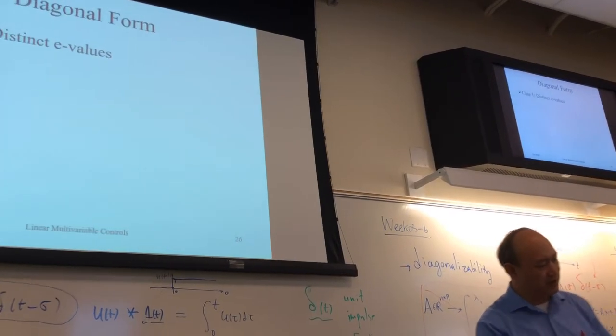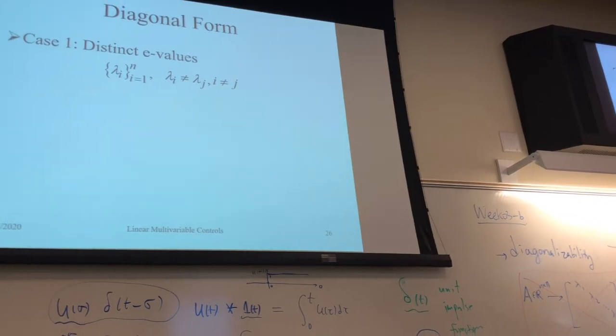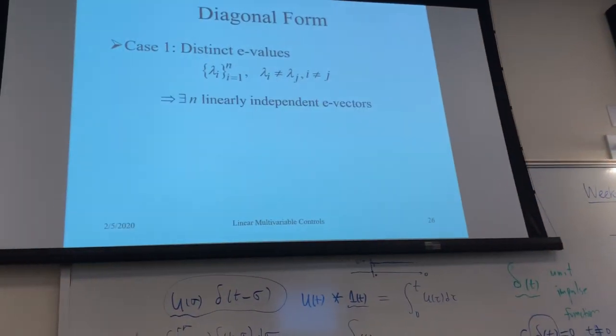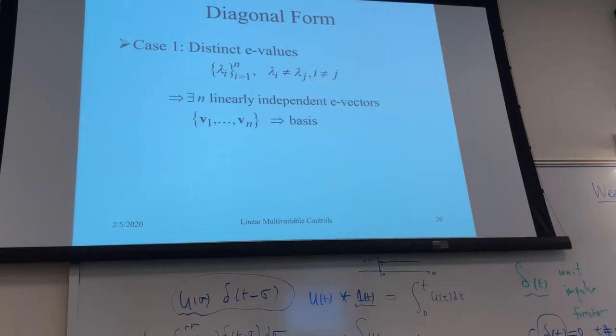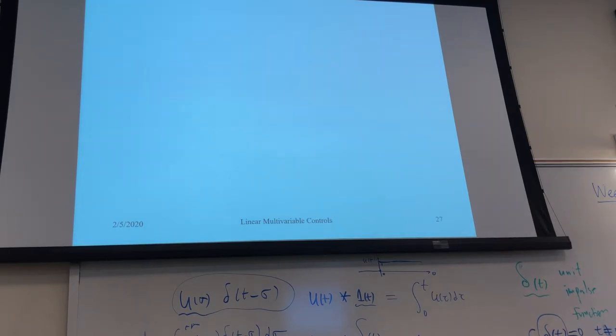For example, if you have all the eigenvalues distinct, then there exist n independent eigenvectors V1 to Vn. These form a basis, and they are independent. So you have A Vi equals lambda i Vi, and you can stack them together.